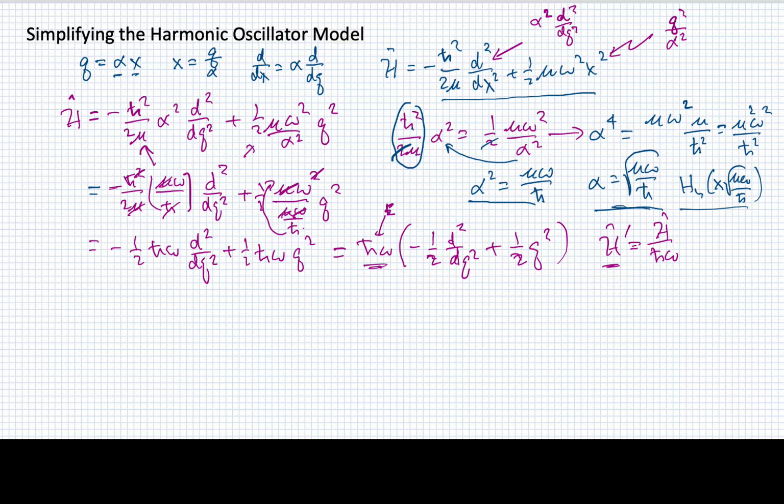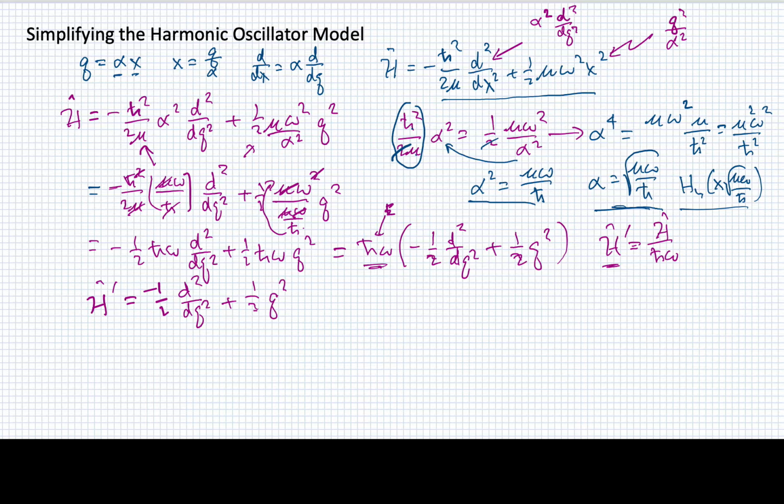So in other words, this new Hamiltonian now has a very simple form. It's equal to minus 1/2 d squared/dq squared plus 1/2 q squared. And so now this is the effective Hamiltonian I need to solve. And you notice it doesn't include any of the parameters that are related to the harmonic oscillator.